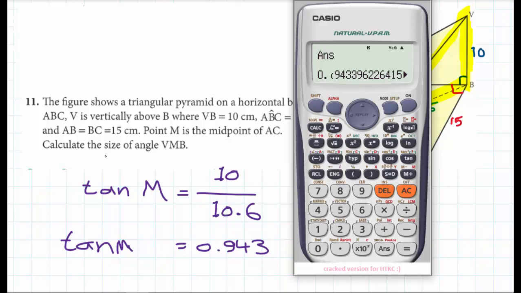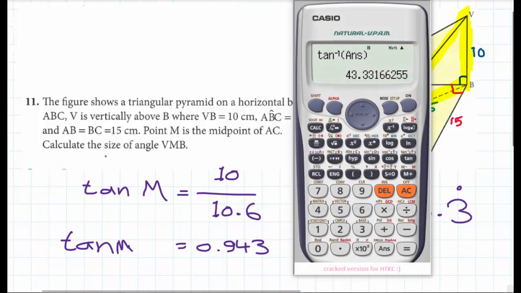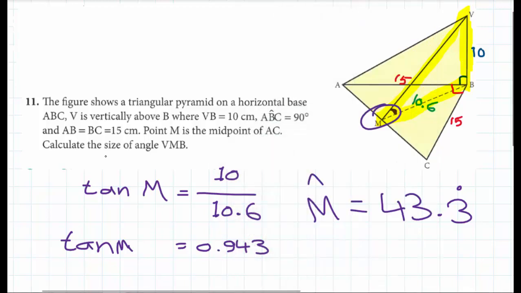It's better to include all the decimal places while you are using the calculator. Now we need tan inverse of that number, which is 43.3. It means angle M is 43.3 degrees. Now we get the angle.